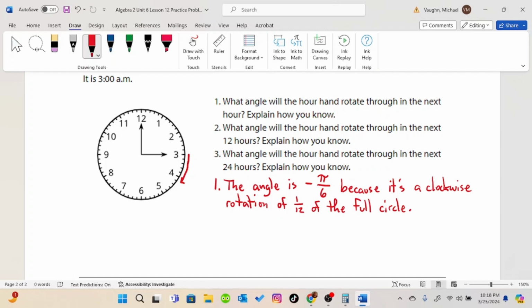Number 2. What angle will the hour hand rotate through in the next 12 hours? So in the next 12 hours, it will rotate from the 3 all the way around back to the 3.